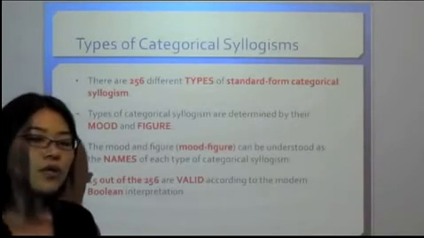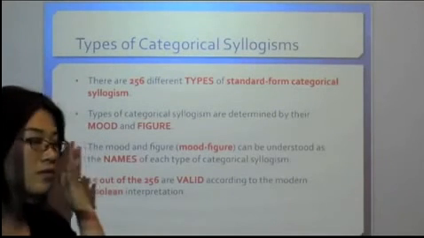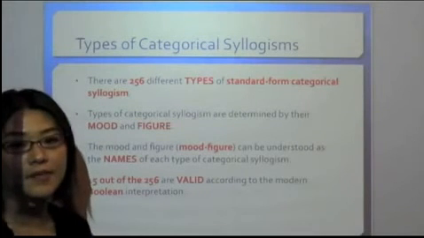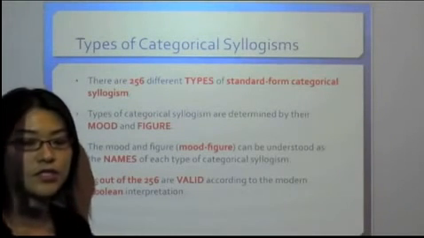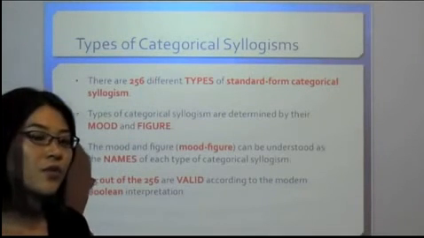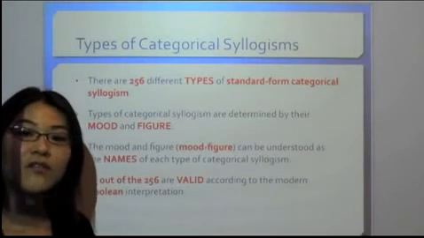Now, once we've identified the form and structure of a standard form categorical syllogism, we can identify the specific name of that syllogism. There are actually 256 different types of standard form categorical syllogisms, and these types are all different forms.